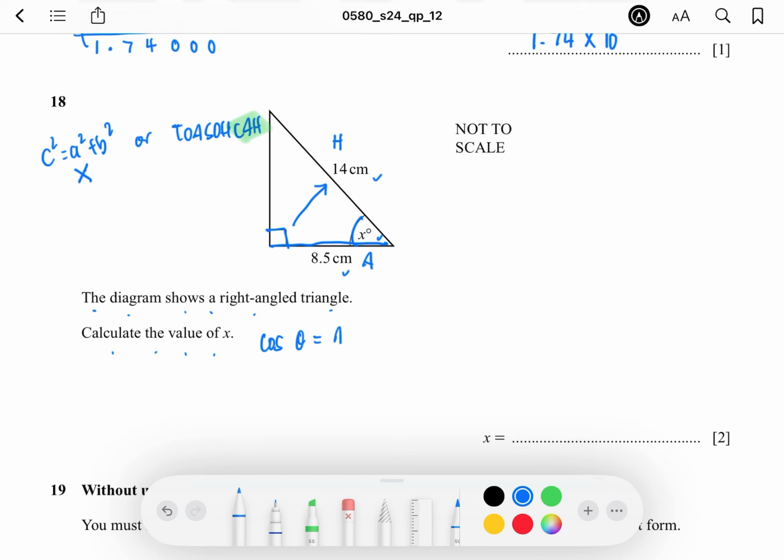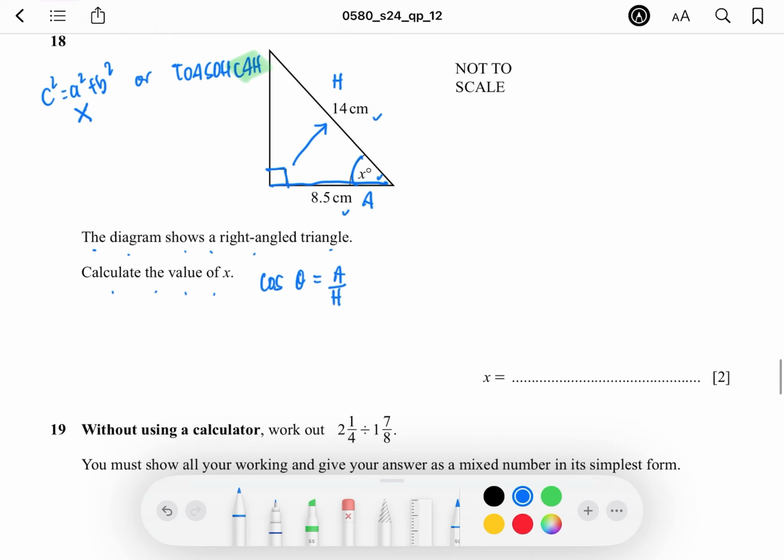So cosine, rewrite the ratio. Cosine is equals to adjacent over hypotenuse, A first and then H, and then you put the values in. So theta is x, equals to adjacent is 8.5, and then hypotenuse is 14, so x is equals to inverse cosine of 8.5 by 14.